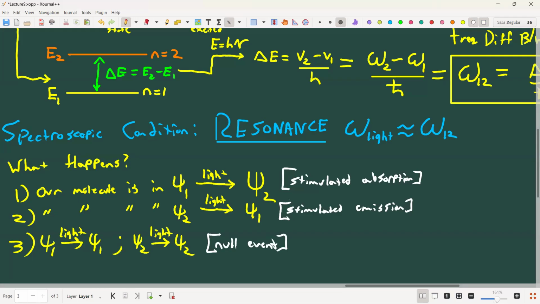So let's see if we can figure out a way to calculate this. Let's think about this with quantum mechanics. Let's start with number one. How would we calculate this?